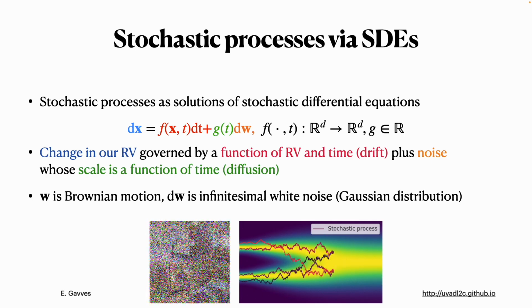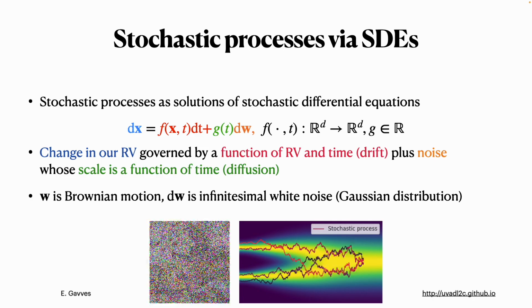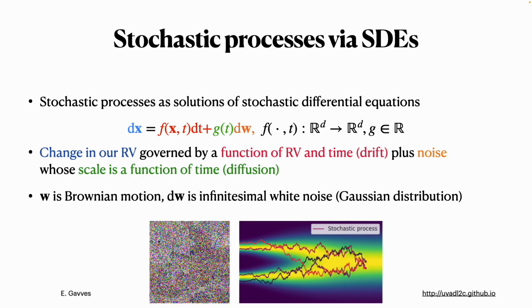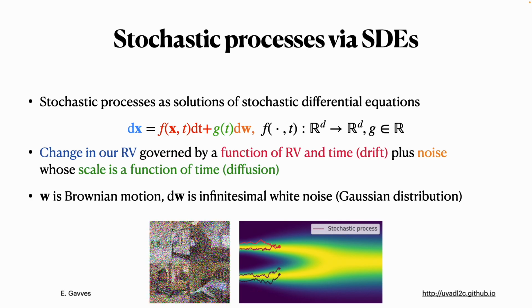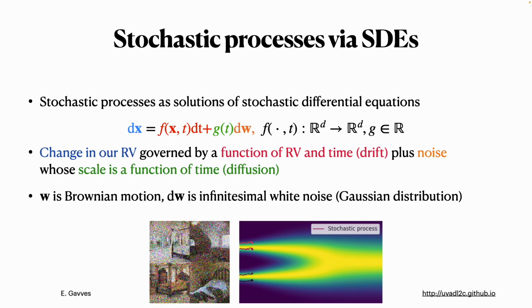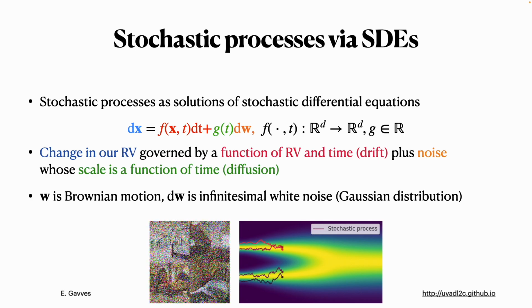Intuitively think about it like this, and think of it in the Langevin case. dx is equal to x_{t+1} minus x_t. So x_{t+1} is dx plus x_t, and this looks a bit like our score function, and so on and so forth.